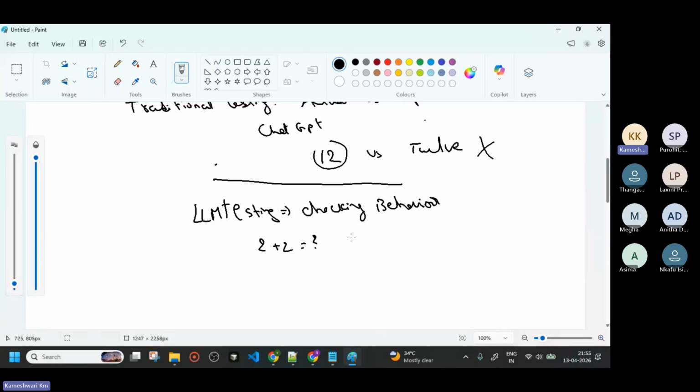Some good people will say 4. Some wrong kind of people will say 5. Some may be confused and say maybe 4 or 5. Some funny people will say God or fish, something different from 4.